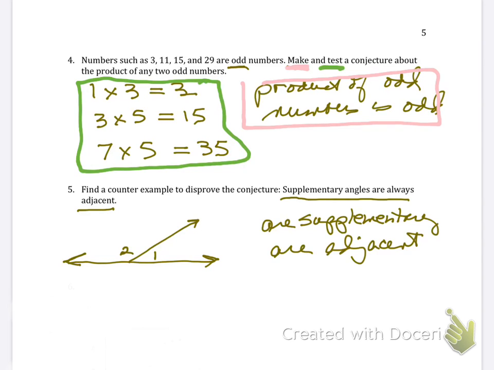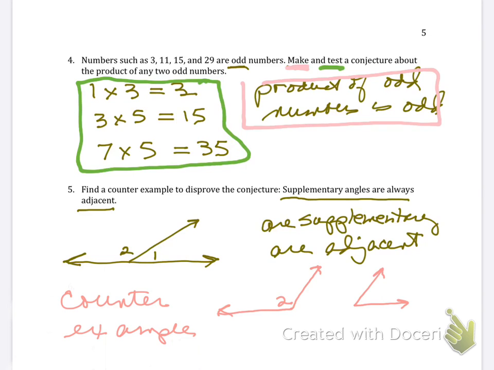I need to find a counterexample. So let me change my color. And let's think about a counterexample. Is there any reason why these supplementary angles have to be on the same line? And the answer is there is no reason whatsoever. What if we just separated these two? Okay, this is angle 2. This is angle 1.